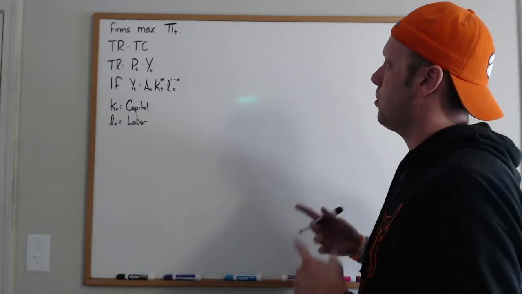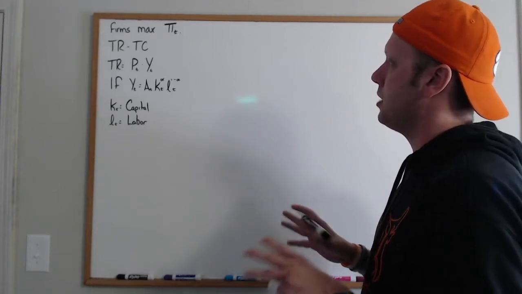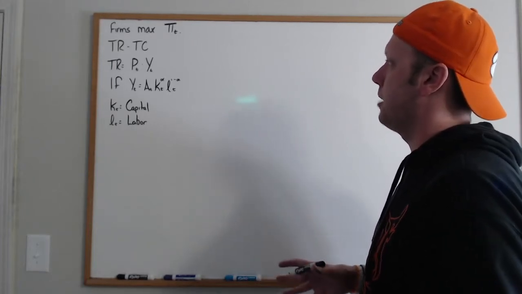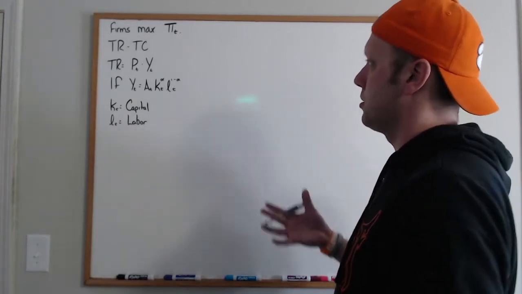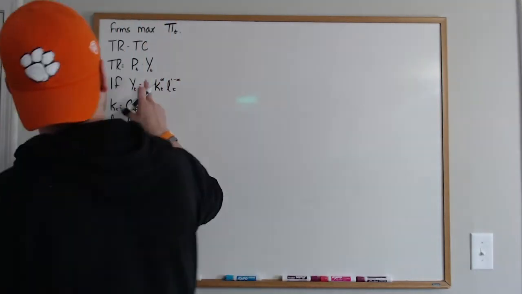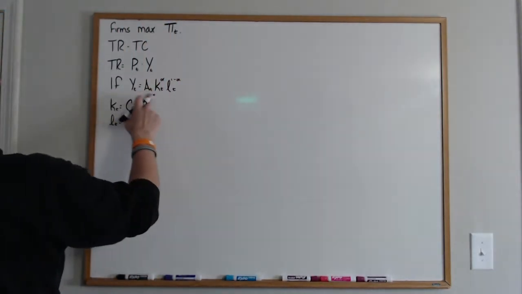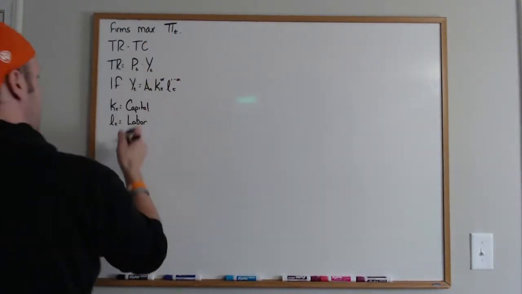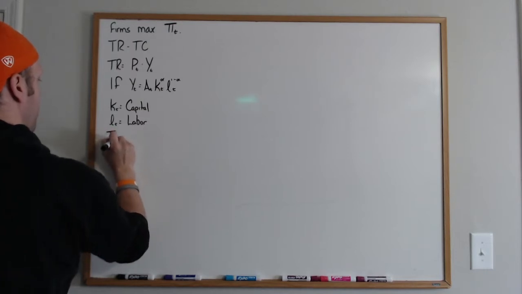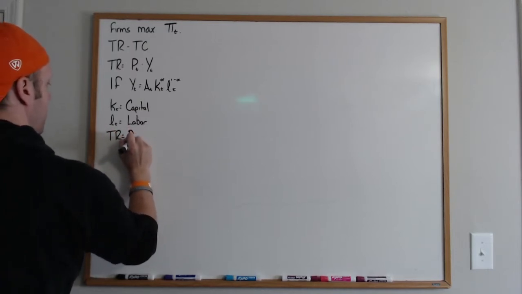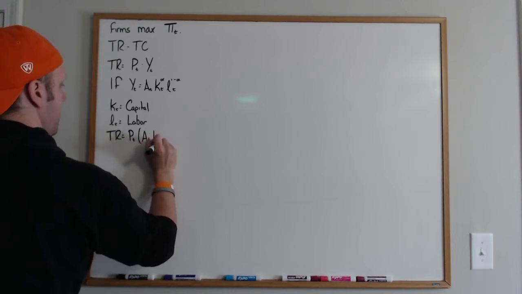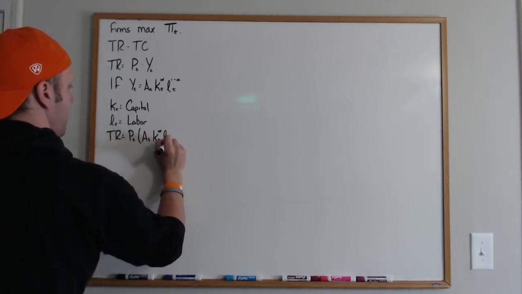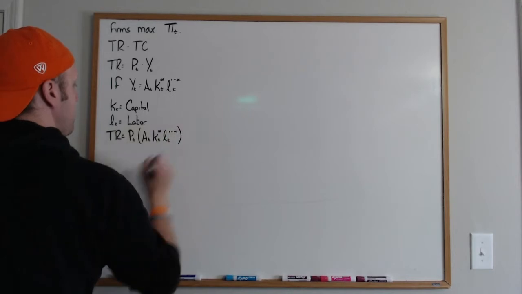But we're not too concerned about that stuff just yet. What we're more concerned about is what total revenue is. Well, total revenue, if it's price times output, which is Y, and Y is equal to this, all I have to do is plug this in for Y. I get that.